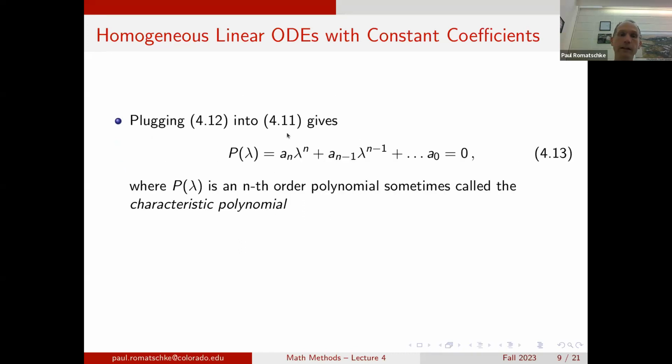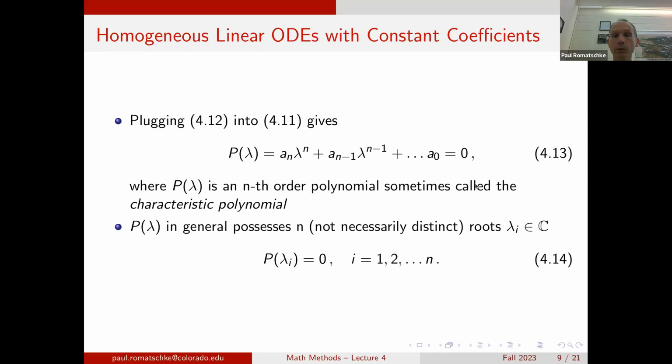So we get an nth order polynomial in terms of this constant lambda. This polynomial p of lambda is also sometimes called the characteristic polynomial, and the differential equation that we want to solve turns into the statement that we want to look at the zero of this polynomial.